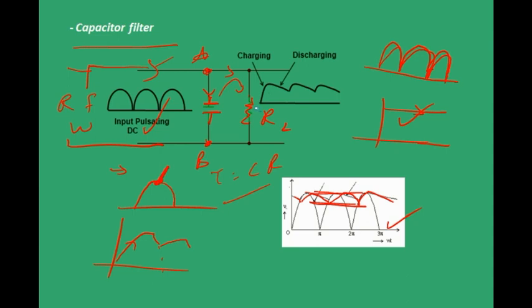So for the next quarter of the cycle, when the voltage or the current is decreasing, the potential built across the capacitor plates gives the current through the load resistance, and hence you will finally have something like this diagram. You will have the output in this way, which is pretty much constant. As I said, using a suitable capacitor will give you almost equal DC output.